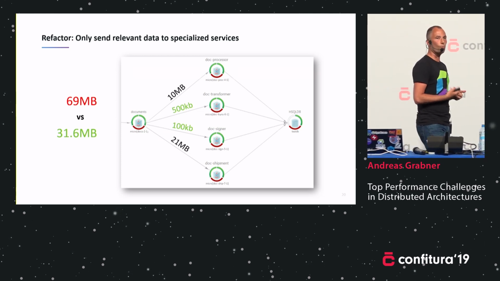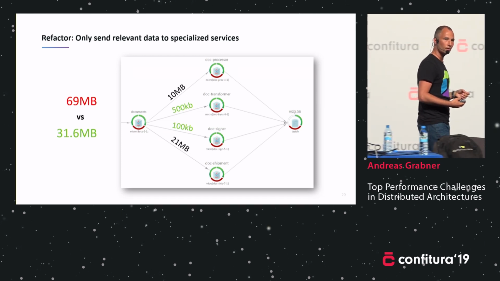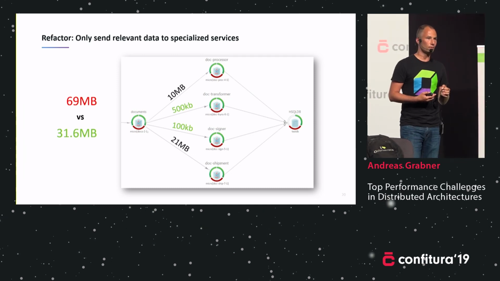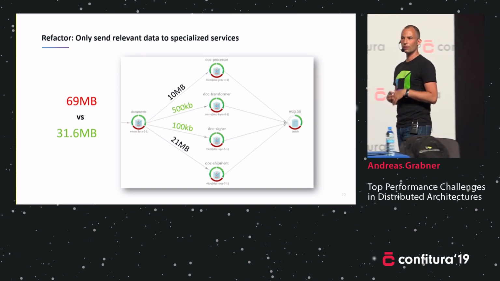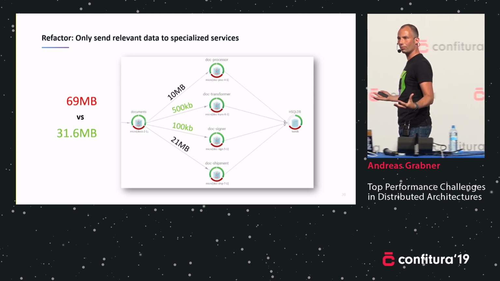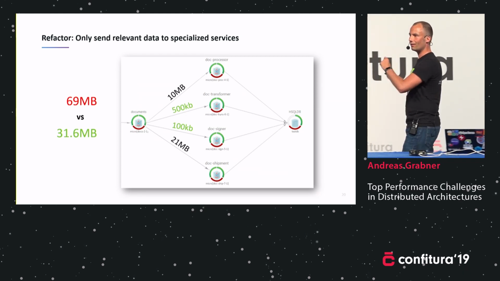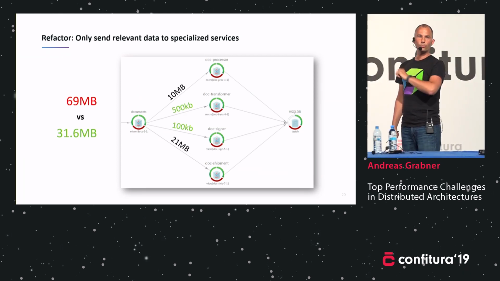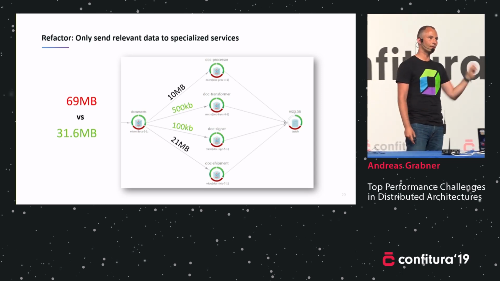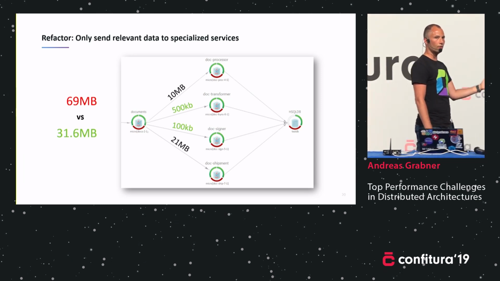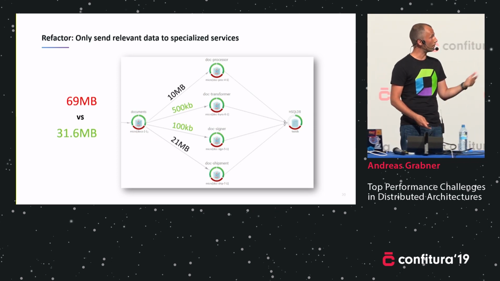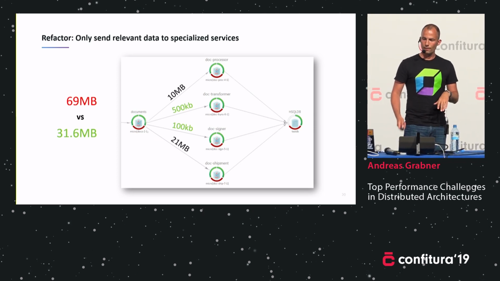This immediately saves more than 50% of network bandwidth. Okay, network is cheap, but it's not endlessly available, and especially if you're sending a lot of bytes between different data centers in the cloud, where sometimes, obviously, you have to pay for that too, right? Not only sometimes, but typically.